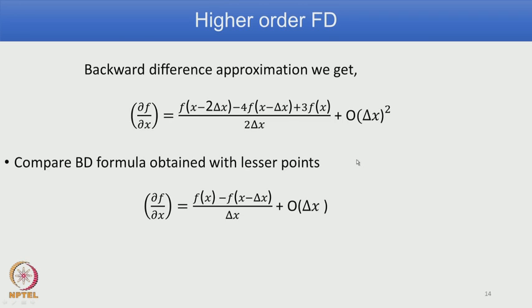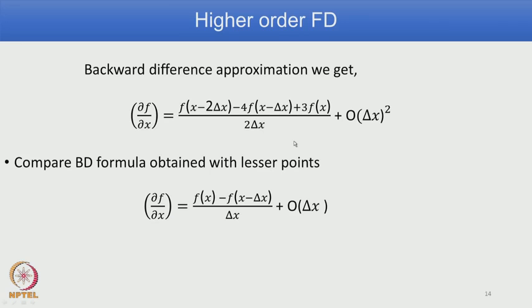As I mentioned for the forward difference scheme, it is not always possible to implement, though it appears a solution to get higher order accuracy. Earlier we have seen that by decreasing delta x, you can get a slightly more accurate approximation. Alternatively, as shown here, by considering more points, you can get a higher order approximation for the same first derivative.